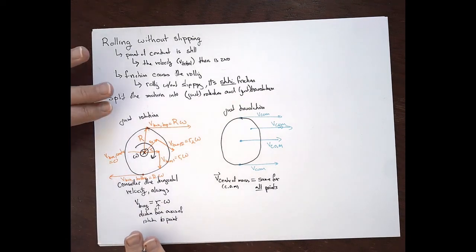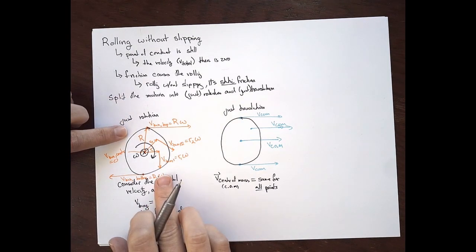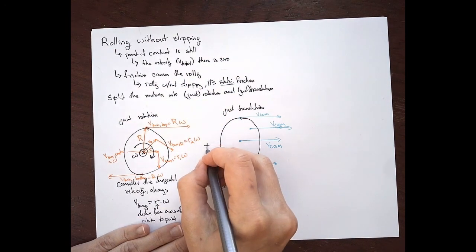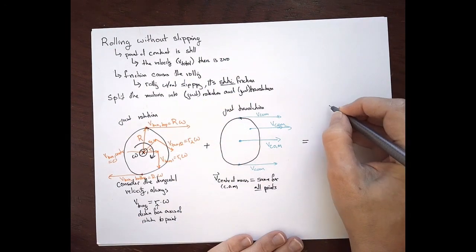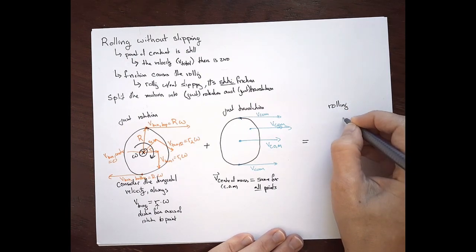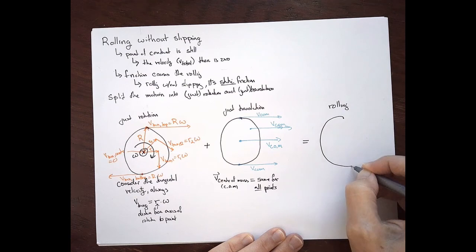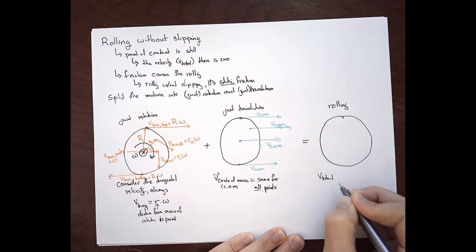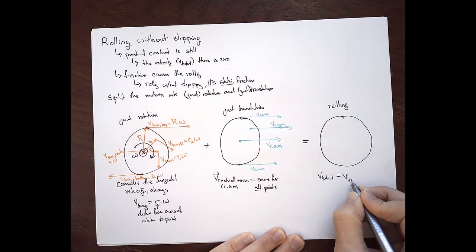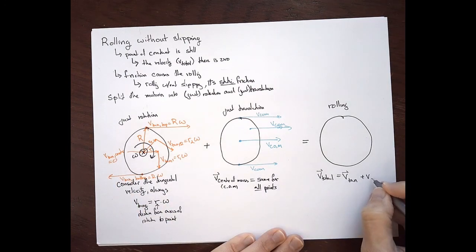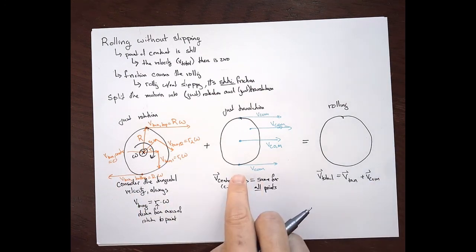All right, so we've got just the rotation, looking at the tangential velocities, and just the translation. If we combine those, we will get the rolling motion. So here we're looking now at the total velocity, which is going to be the tangential velocity over here plus the center of mass velocity from just the translation.